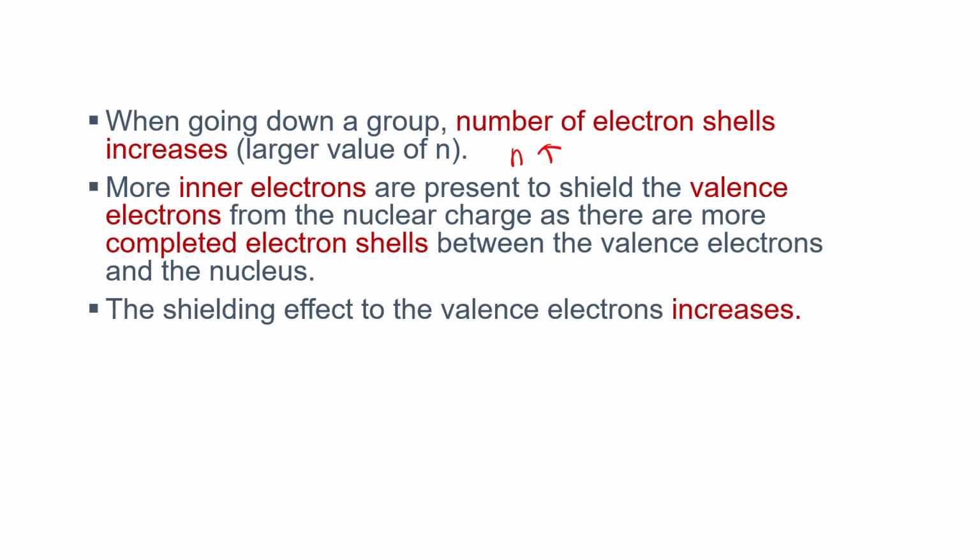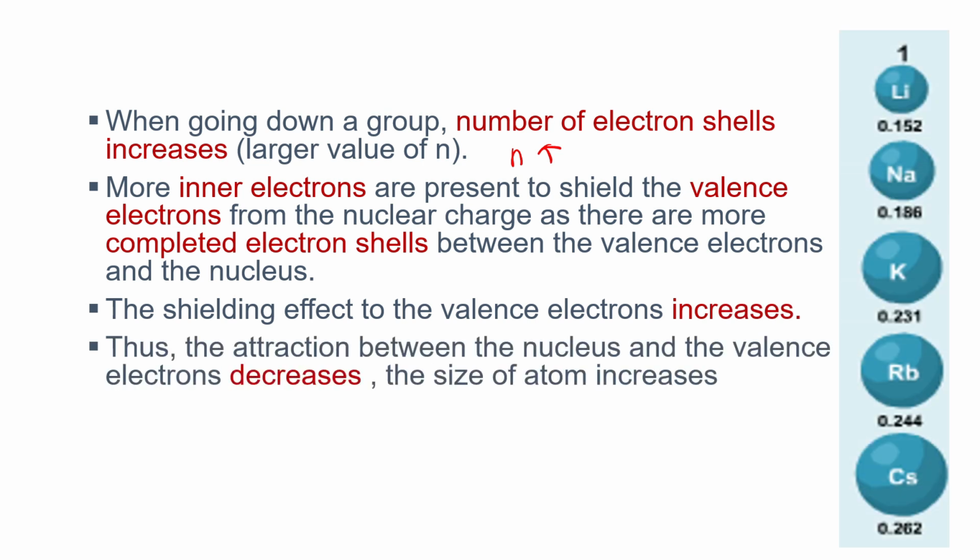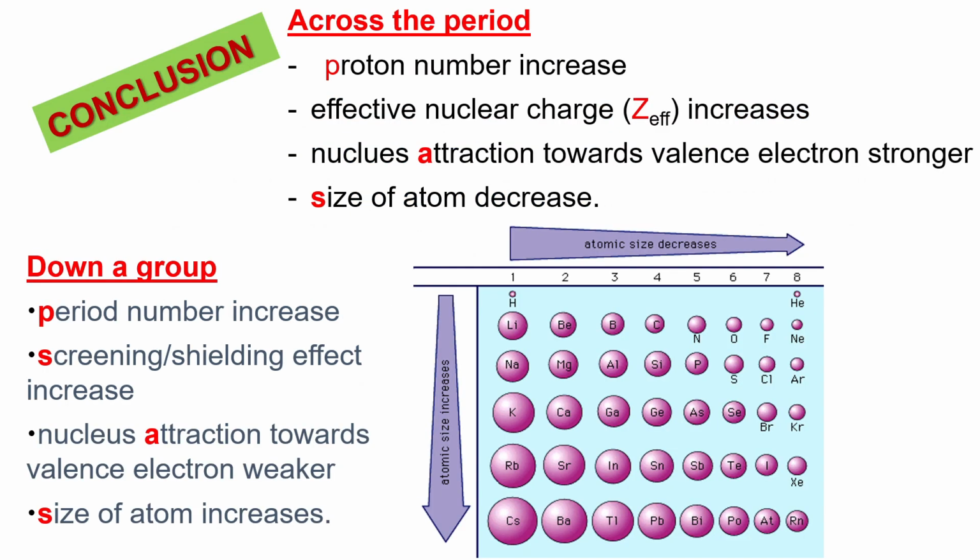Jadi kita katakan shielding effect increase. So attraction of nucleus towards valence electron decrease. So size of atom will increase. So this is the conclusion for down a group. So remember kita akan explain satu je factor tu, iaitu Zeff.